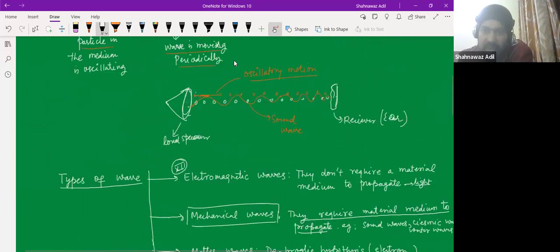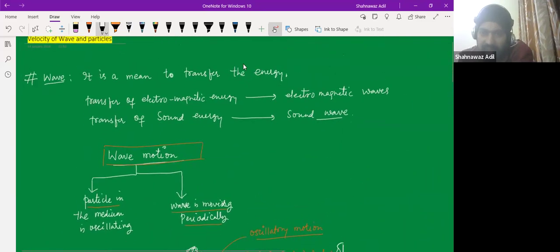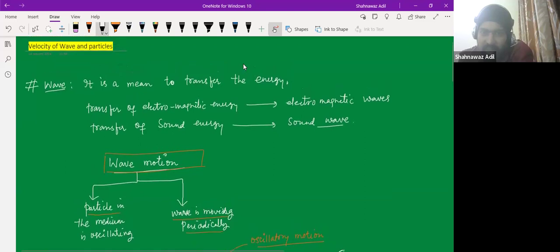You guys please note down from here, and then we'll talk about the velocity of wave and particles. Please note it down. And whenever you want me to scroll it down, please tell me. Let me zoom out this thing. Right?